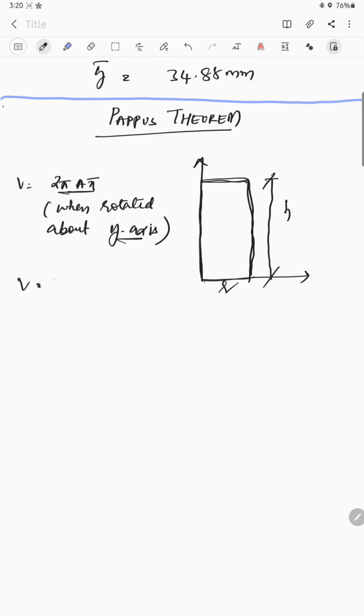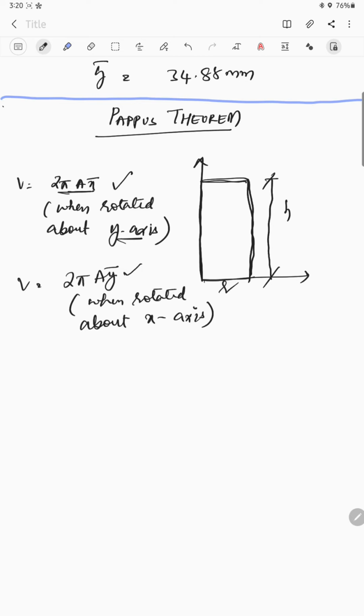Similarly, when rotated about the x axis, the volume will be 2 pi a y bar. So these are the two formulas in Pappus theorem. We know how to calculate a y bar and a x bar, so with the help of area and centroid, we can get the volumes.